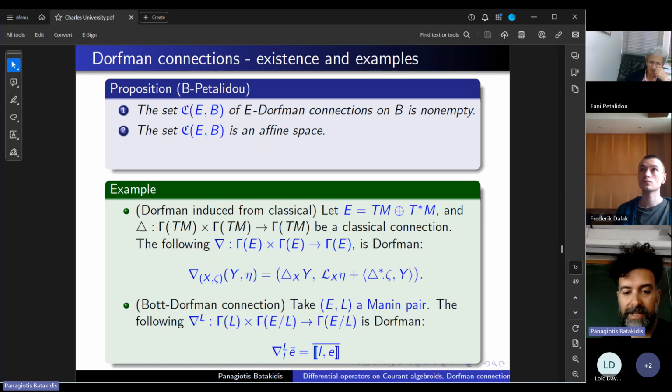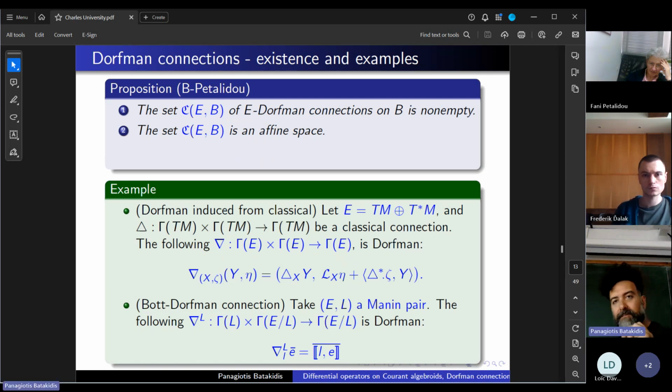This is what I'm denoting as L over here. And the Bott-Dorfman connection is a connection from L on the quotient defined like that. So you take the connection on the quotient by taking the quotient of the bracket of L with E.